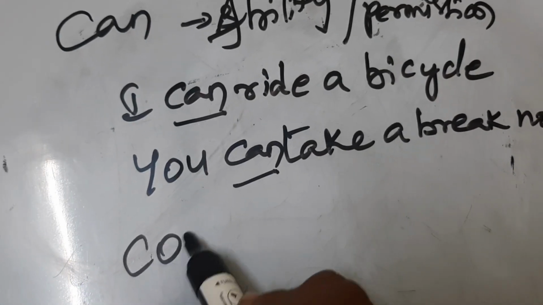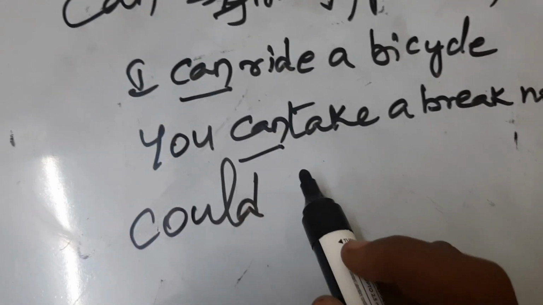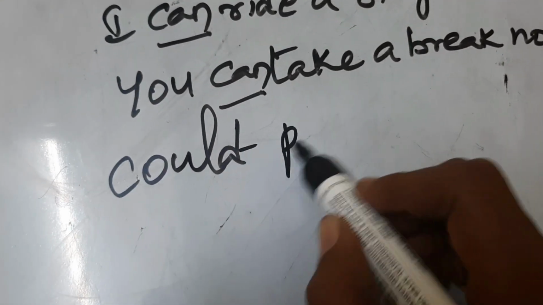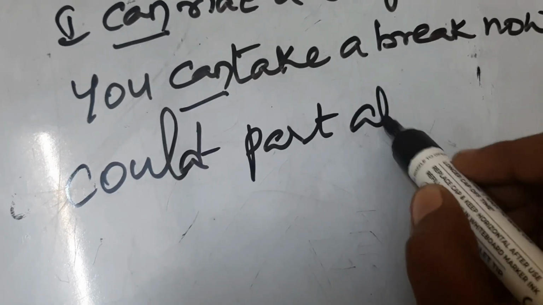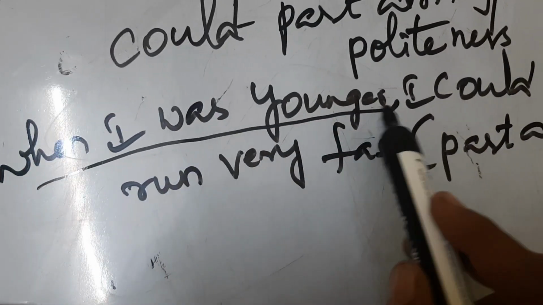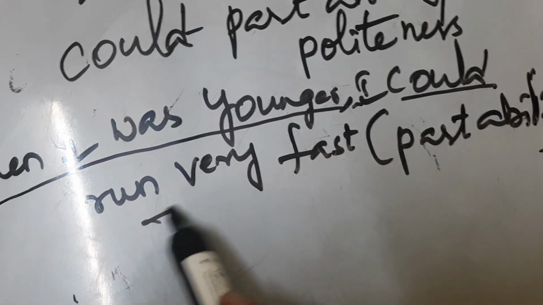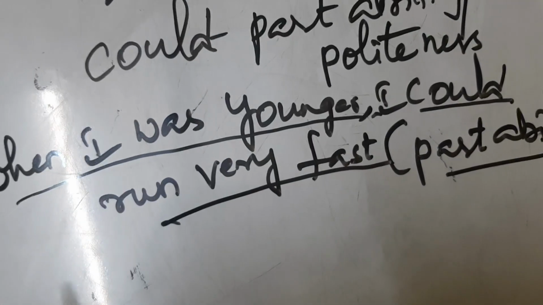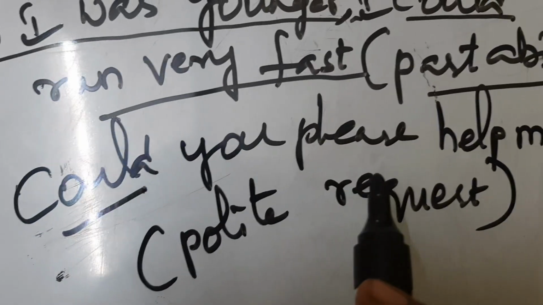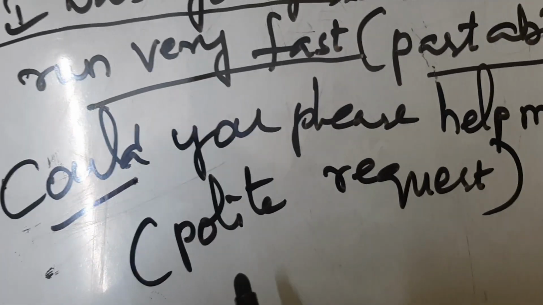And also the next modal helping verb could, which shows past ability or politeness. When I was younger, I could run very fast, which is past ability. Could you please help me? Which is a polite request.